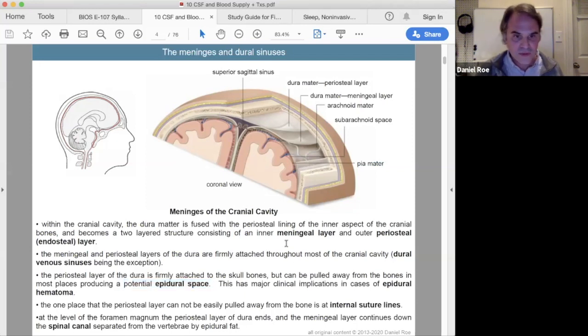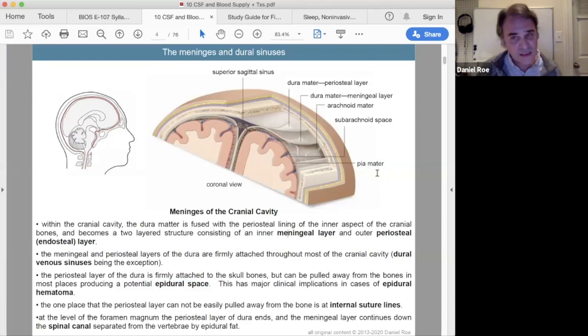It's really important because the dura mater is kind of loosely attached to the skull, except at these sutural lines. You have a coronal suture where bones meet. So there's a coronal suture that goes this way, the sagittal suture, a squamous suture, a lambdoid suture. There are these other sutures. And at those points, the dura mater is tightly adhered and it constricts blood flow if you have an epidural hematoma.